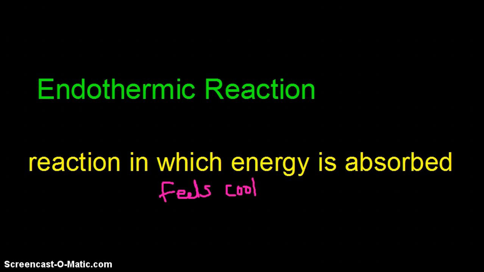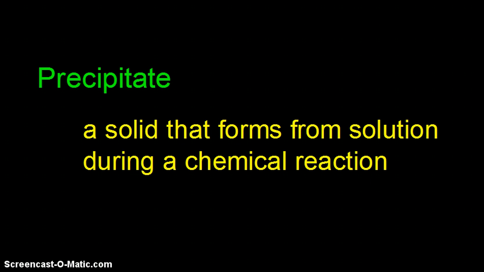Third word, precipitate. Again, we briefly touched on this last week on Thursday during the notes, but a precipitate is a solid that forms from solution during a chemical reaction.